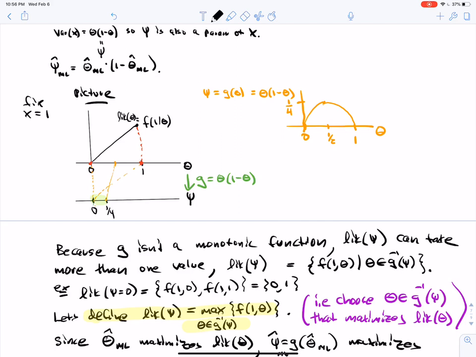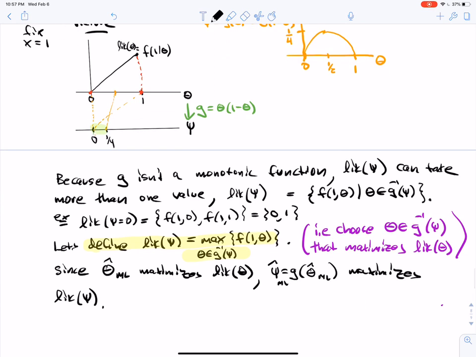Clearly 1 is the MLE estimate for theta. And we're going to show that 0 is the MLE estimate for phi, and you can see that that's the case here, right? Because 0 maps to 1, and 1 maps to the max.